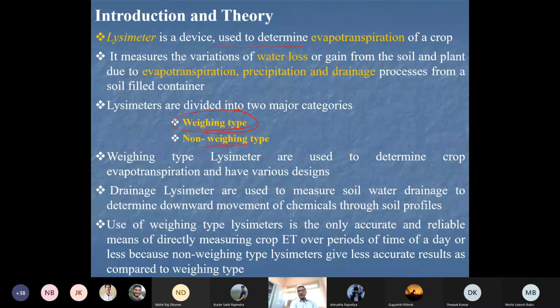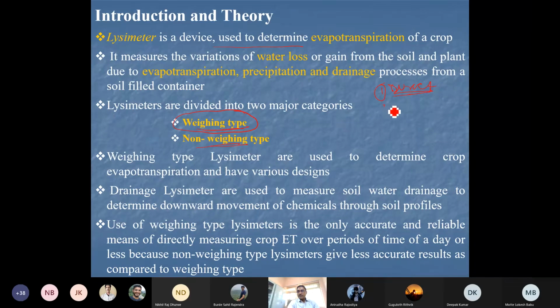Let me remind you, there are different methods to find out evapotranspiration, in which, if you recall, the first idea is direct measurement, where lysimeter comes, that is measurement with a lysimeter from the field itself, or field condition, or experimental condition.